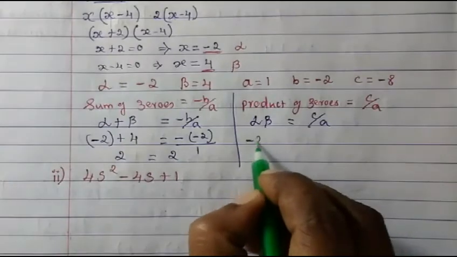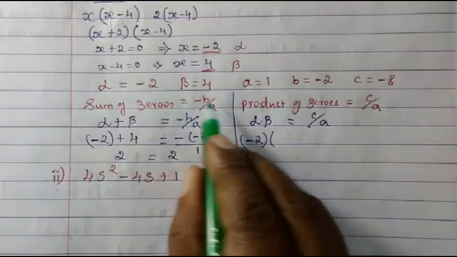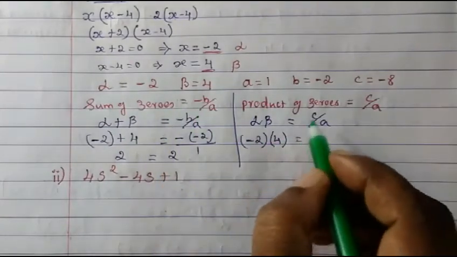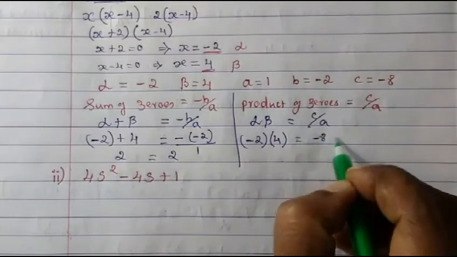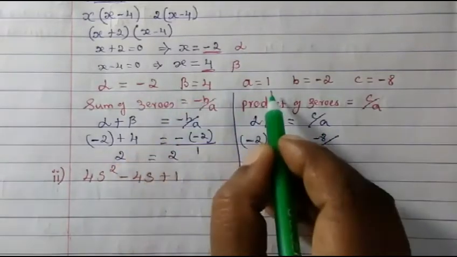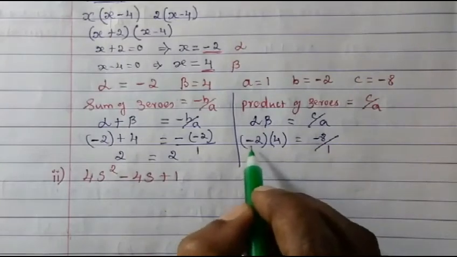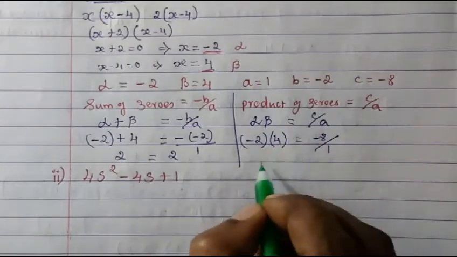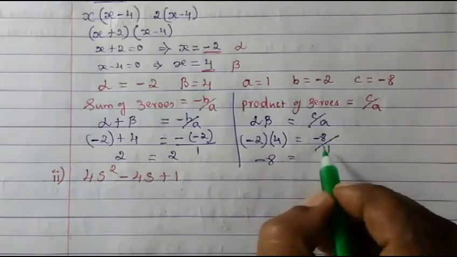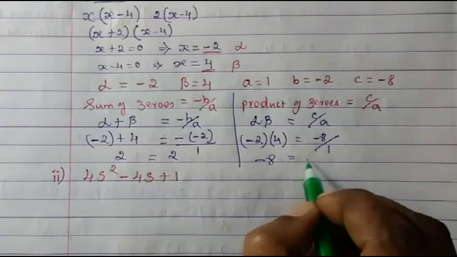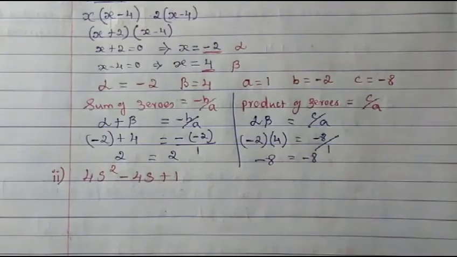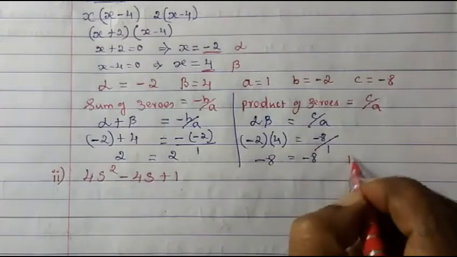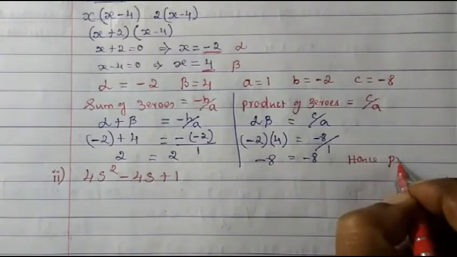Alpha is minus 2 and beta is 4. And c is what? C is minus 8. A is what? A is 1. So then minus 2 into 4 will give us minus 8. And then here also 1 has no value. So we are getting minus 8. So hence proved.